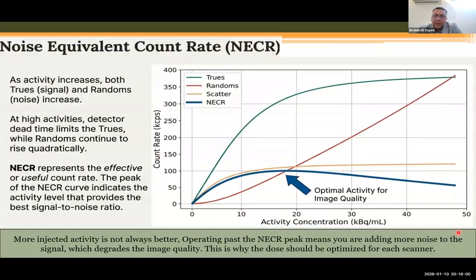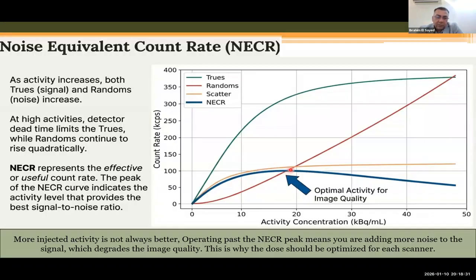Let's explain it briefly. At low activity, true events increase while scatter and random are minimal. So the NECR increases steeply, like here in the blue line. Near the NECR peak, there is a good signal-to-noise ratio. This is the optimal operating point, at which the scatter is at the beginning of its line.